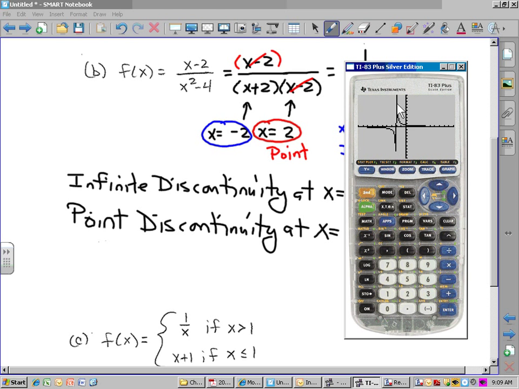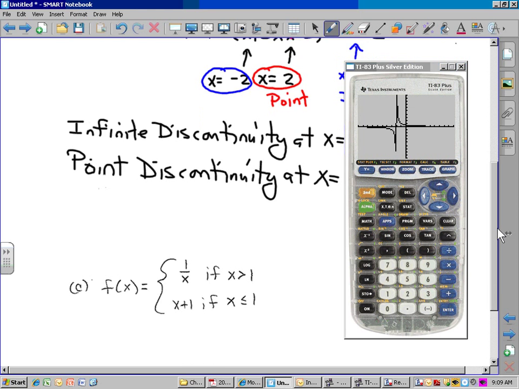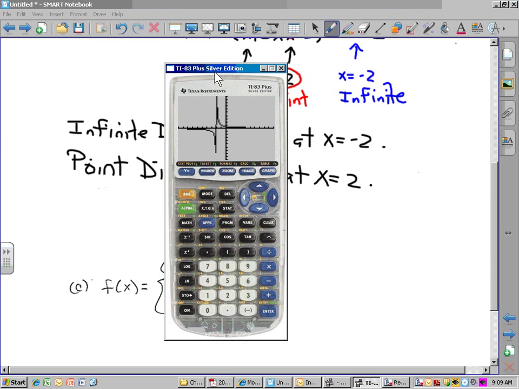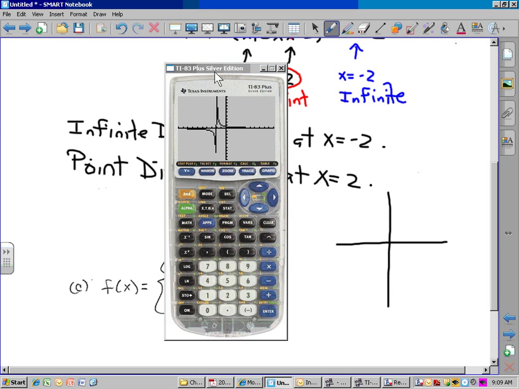The older calculators, this is an 83, shows that. It connects up the two lines. What the graph really looks like, I'll draw it down here. What this really looks like is at -2, the graph's going to break.